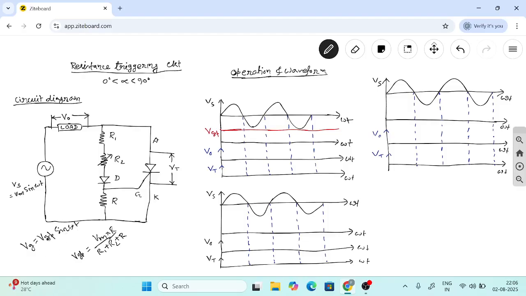So here VGP, gate peak voltage, is Vm into R by R1 plus R2 plus R.